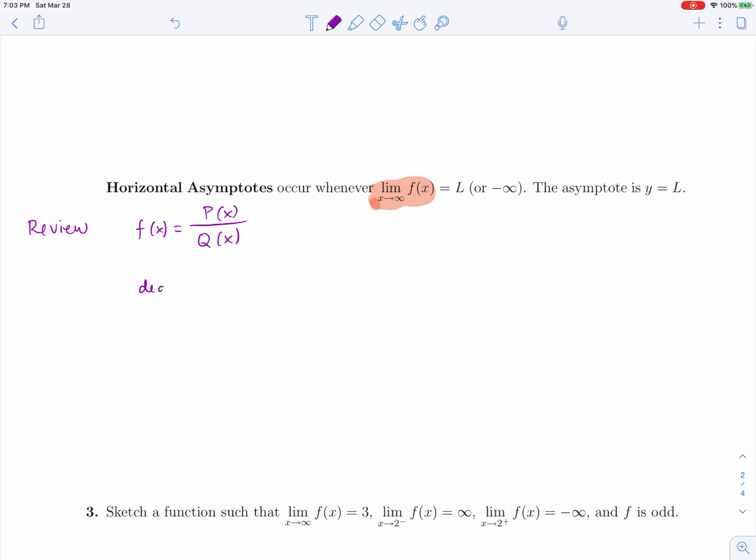If the degree of the numerator, p, is greater than the degree of the denominator, q, that's an improper fraction.